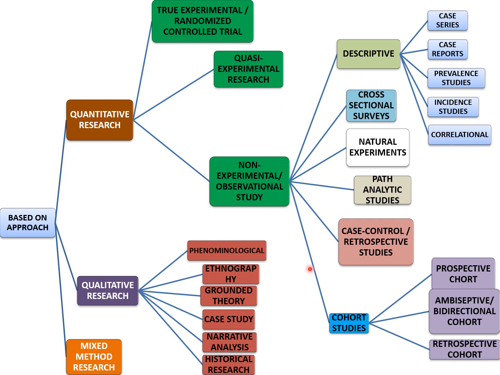And the cohort study is further classified into prospective cohort, ambispective or bidirectional cohort, and retrospective cohort. The qualitative research is classified into phenomenological, ethnography, grounded theory, case study, narrative analysis, and historical research. All these classifications we will be studying later in the coming videos. This is for your general understanding of how studies are classified based on approach.